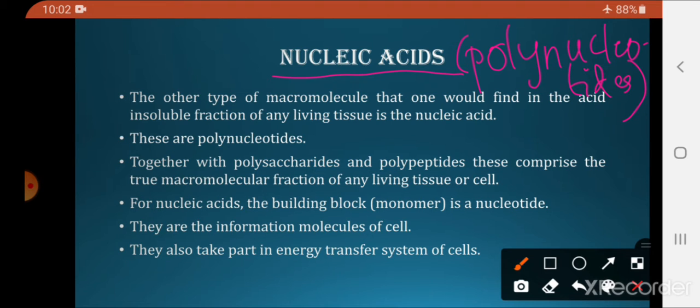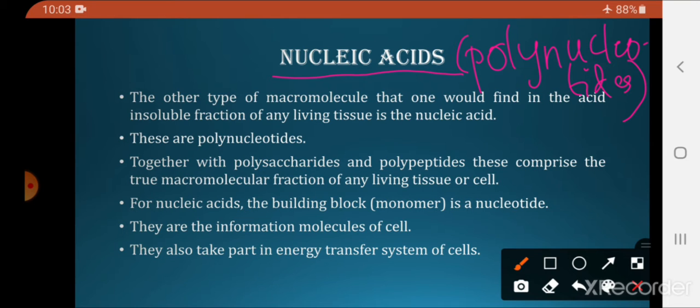Now what are nucleotides? How is it formed? We will study that. So we know that there are two major nucleic acids. One is DNA and the other is RNA. And basically it is the DNA which acts as the genetic material in all the living organisms. Except for a few viruses, it is the DNA which acts as the genetic material.